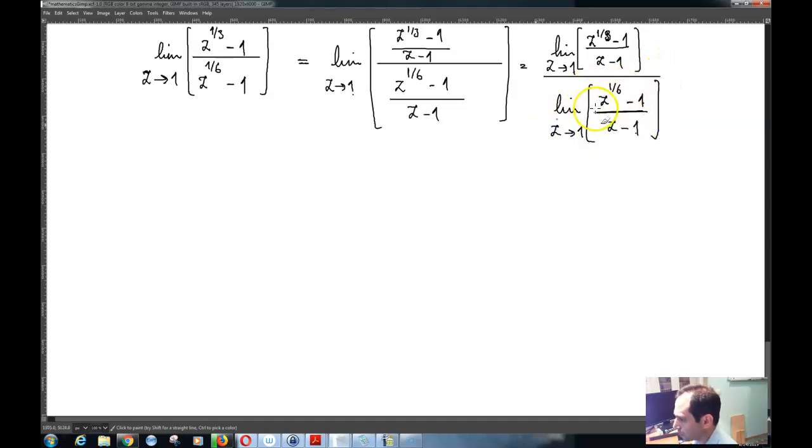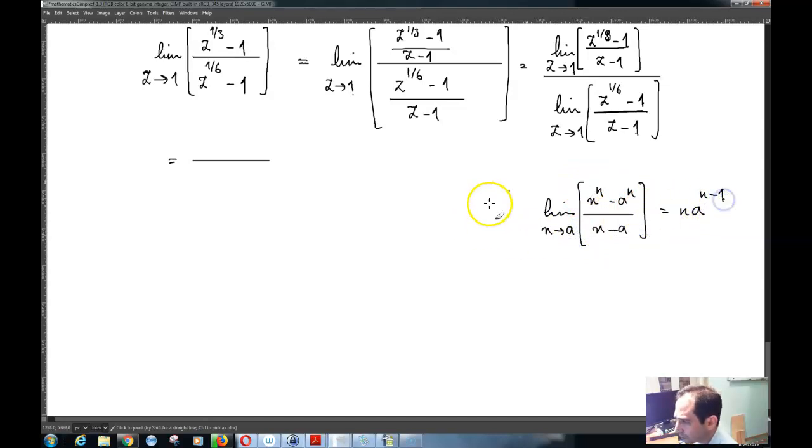And then you know that the limit of (x^n − a^n)/(x − a) when x tends to a is equal to n times a^(n−1).